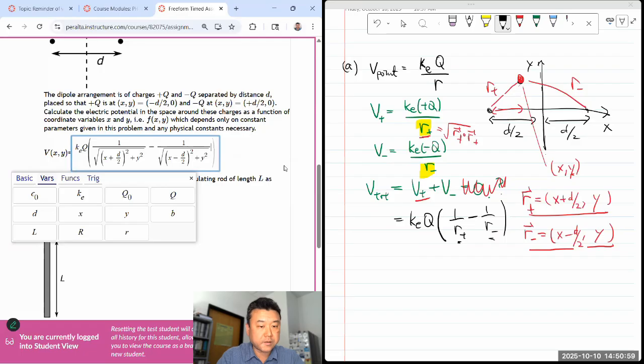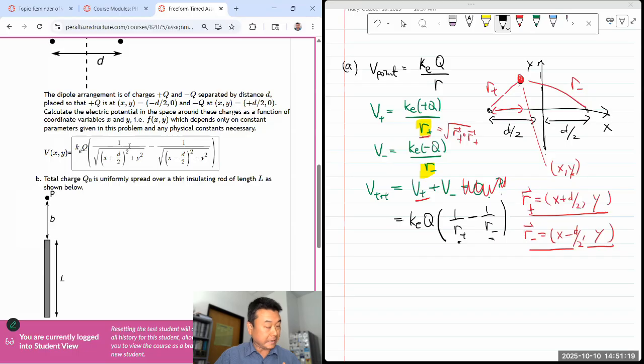And you can do kind of sanity checks. Basically all the points where x is equal to 0, this should add up to 0, like the midway point, that's the 0 volt equipotential. And if x is 0, then these denominators are the same on both, so when you subtract you get 0. So that should be correct.